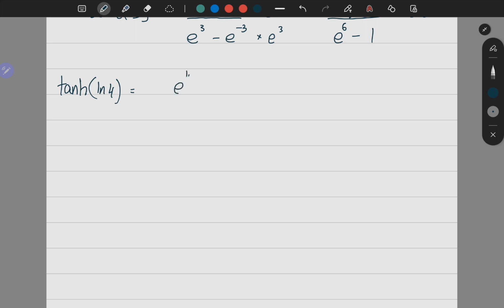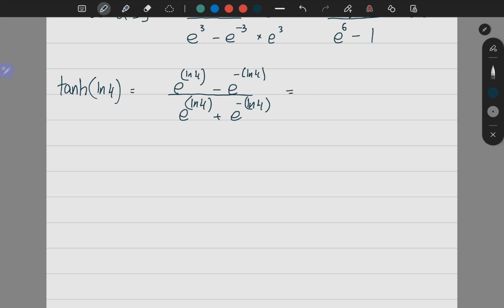It's going to be e to the power ln 4, right, minus e to the power minus ln 4, and then over e to the power ln 4 again, plus e to the power minus ln 4 yet again. The thing that makes them different, the numerator and the denominator, is the signs, the minus and the plus over here. Right, so when I simplify this, I could do it manually.